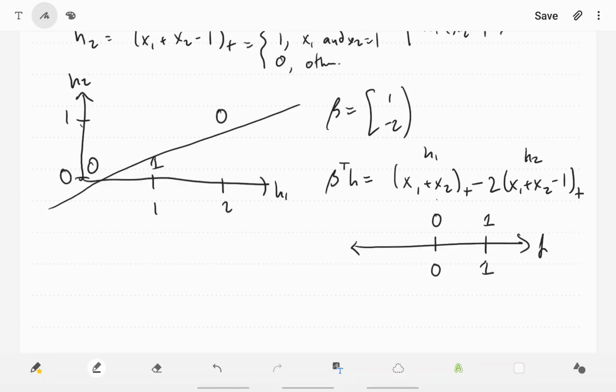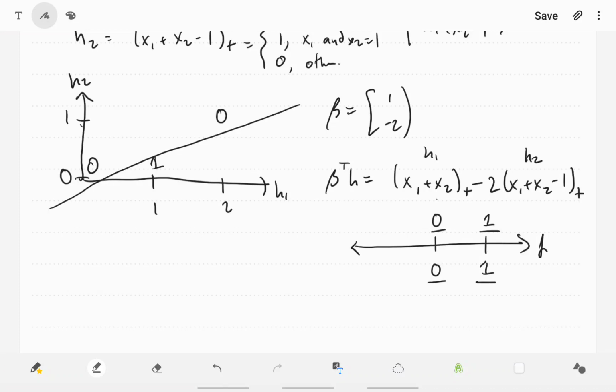And then when both are 0, it's 0 as well. So after we pass all of our data through this neural net, it's going to give us either a 1 or a 0, which matches exactly the label, right?